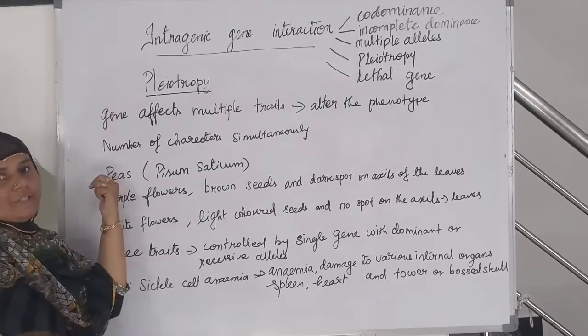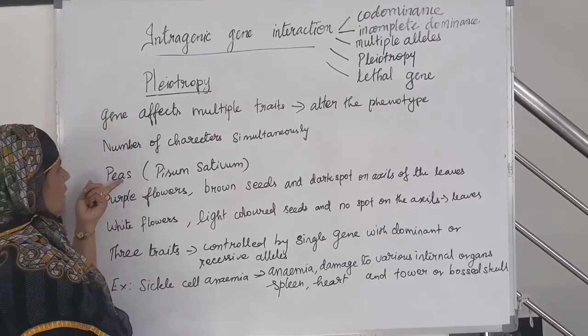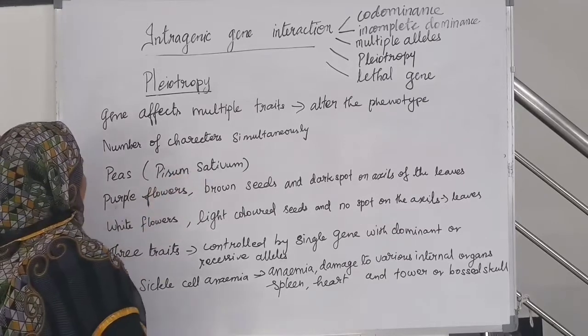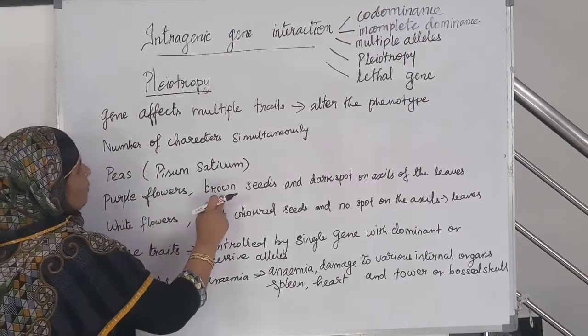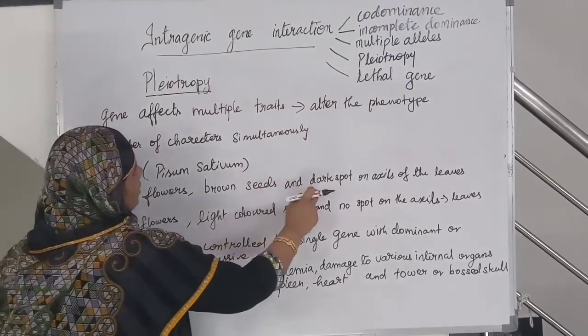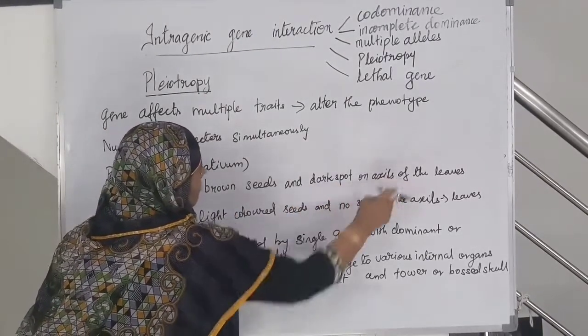When Mendel was working with the pea plant, Pisum sativum, he crossed plants with purple flowers, brown seeds and a dark spot on the axils of the leaves.